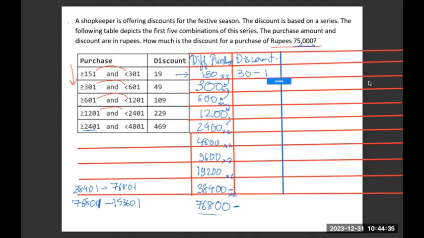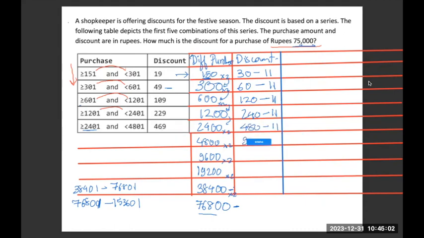This 30 comes from 15 multiplied by 2 minus 11. 30 multiplied by 2 minus 11, 60 minus 11 will be 49. 60 multiplied by 2, 120 minus 11 will be 109. 240 minus 11 will be 229. 480 minus 11 will be 469.